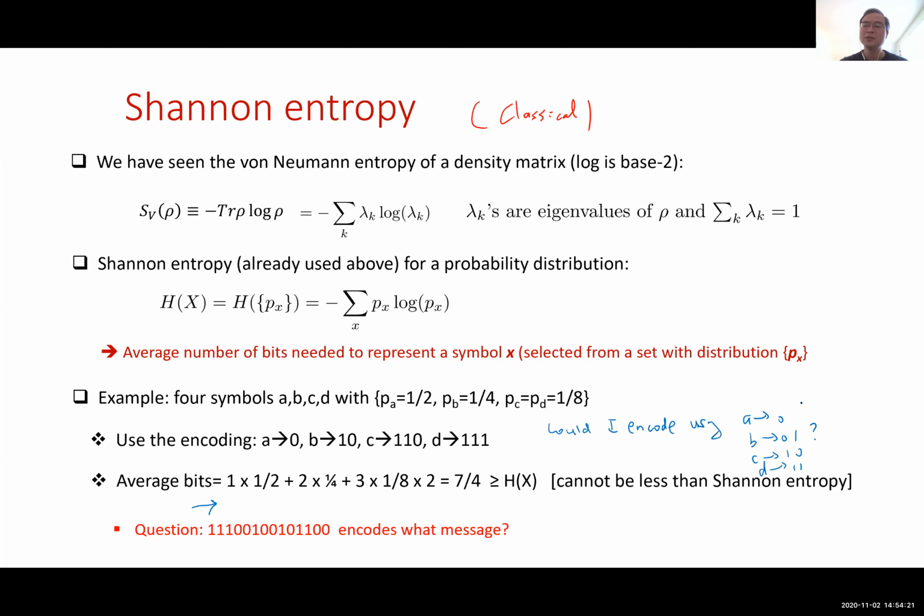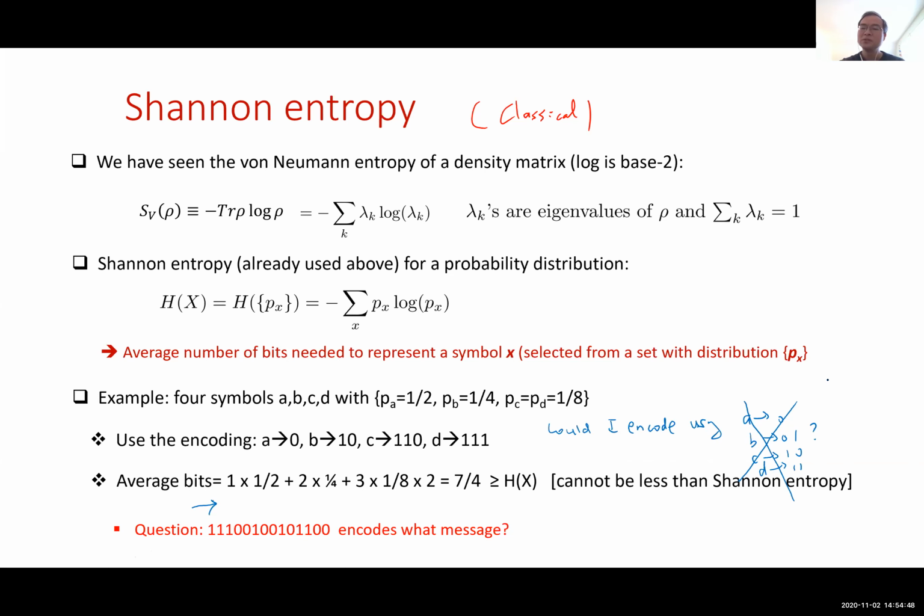Yeah, and just by looking at it, you would immediately see that, no, this is not possible. Because if I give you this bit string, I'm not telling you where you should break, right? I didn't tell you how you break the encoding, how you decode.